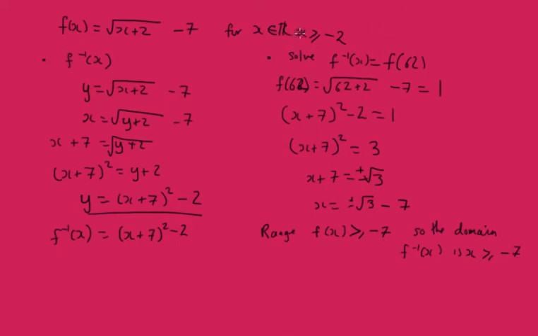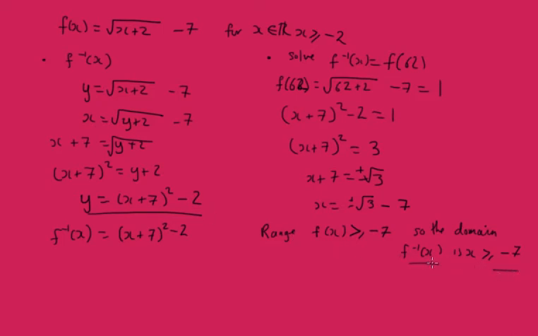Let's remember, x has to be greater than or equal to minus 2. When that's the case, this is going to be 0, and f of x is going to be minus 7. So that gives us the range: f of x is greater than or equal to minus 7. And we know that the domain of the inverse is the same as the range of the function, so that's where we get this result here.